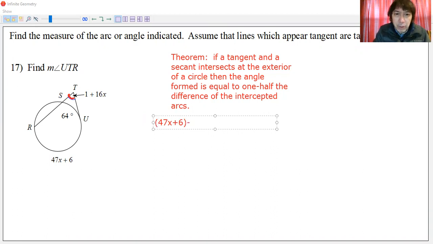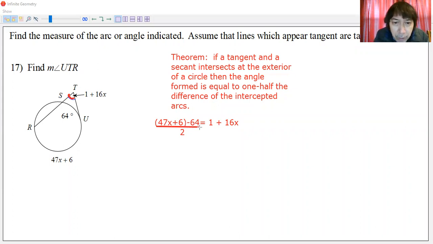And then minus the smaller arc 64, then dividing this by 2. This is equal to the angle, 1 plus 16x. That's the expression for the required angle UTR. So here's our working equation with a division here, of course. Solve for x first before we get the angle UTR.